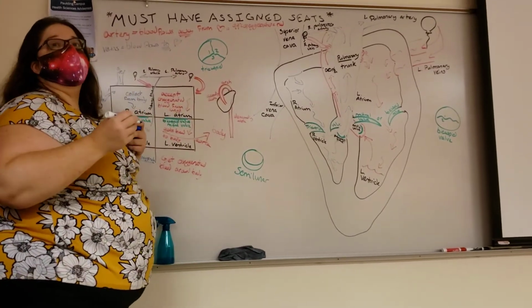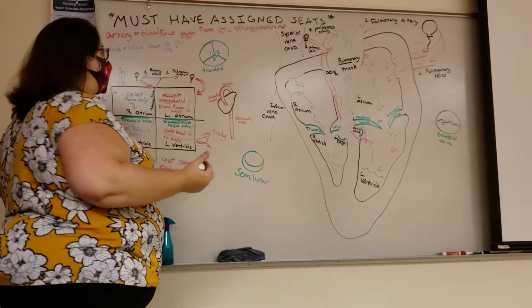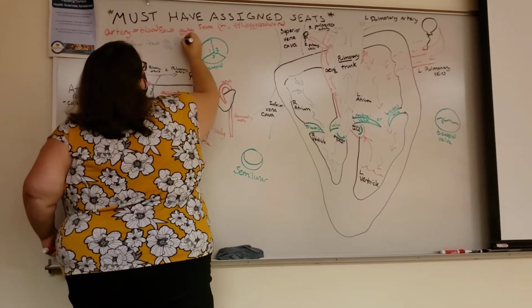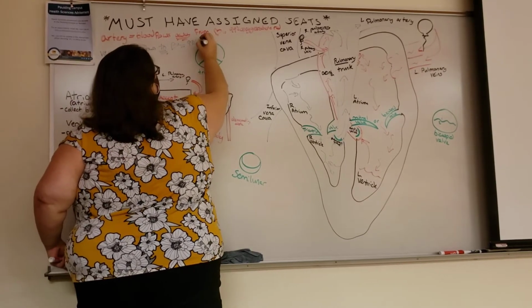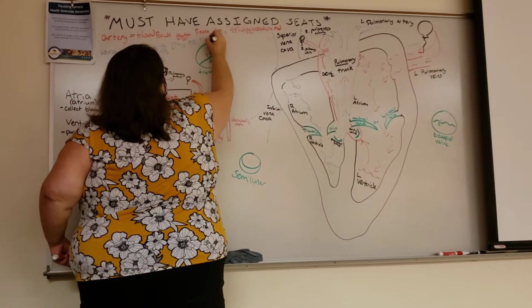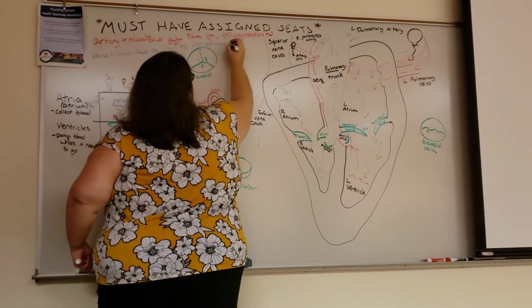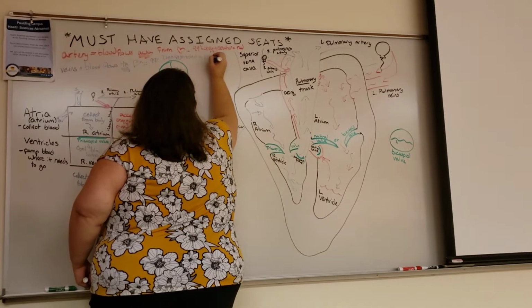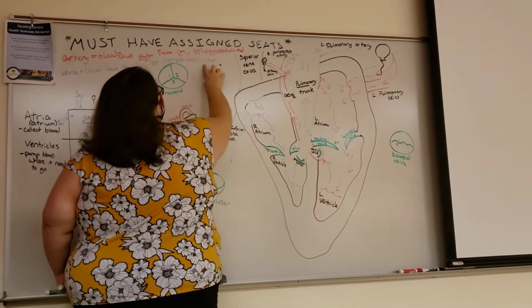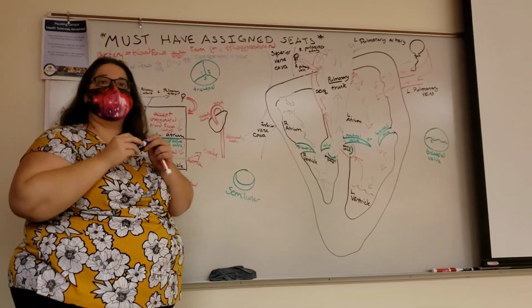So by definition, the veins have blood that's flowing back to your heart. That means that 99% of the time, it is deoxygenated blood, which means 99% of the time, veins are going to be blue in color from your books and from your lab manuals, from the models, everything else, right?